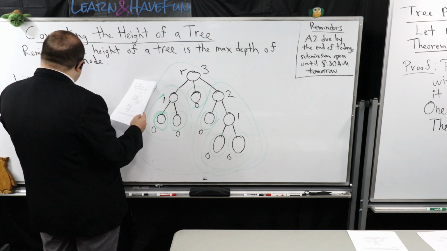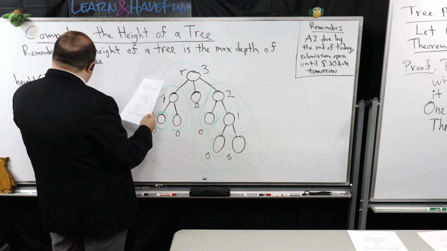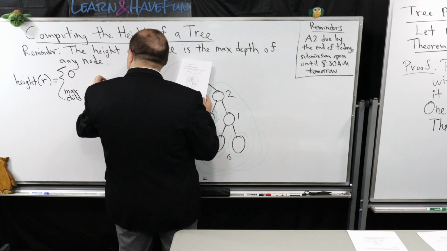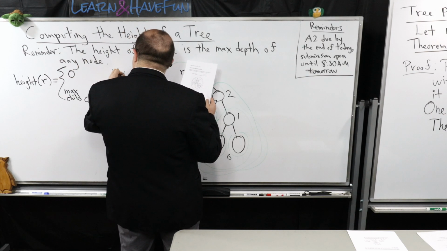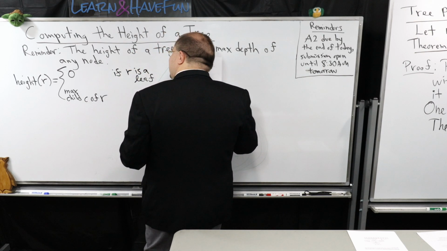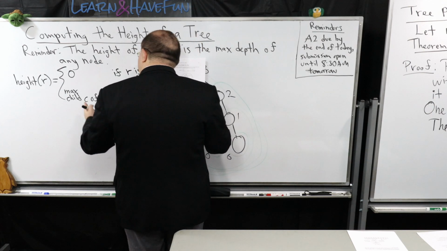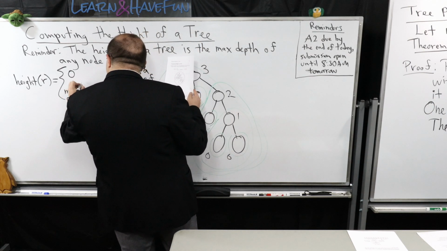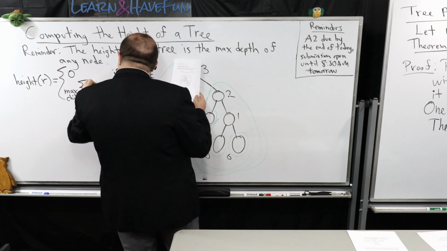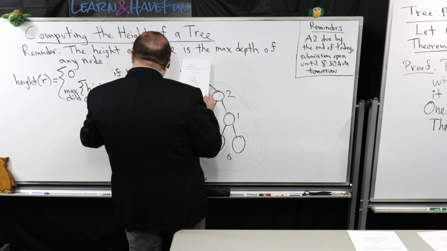You're going to see that this is a very natural thing you can do with a tree. So you know that the height is 0 if R is a leaf node. But otherwise, I have to figure out the maximum height of each one of the subtrees of my children.